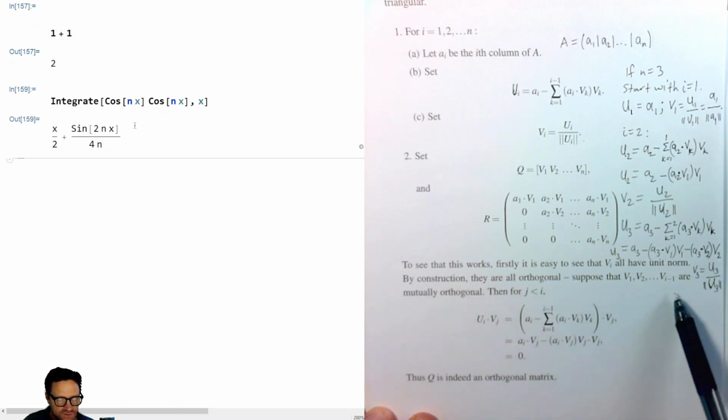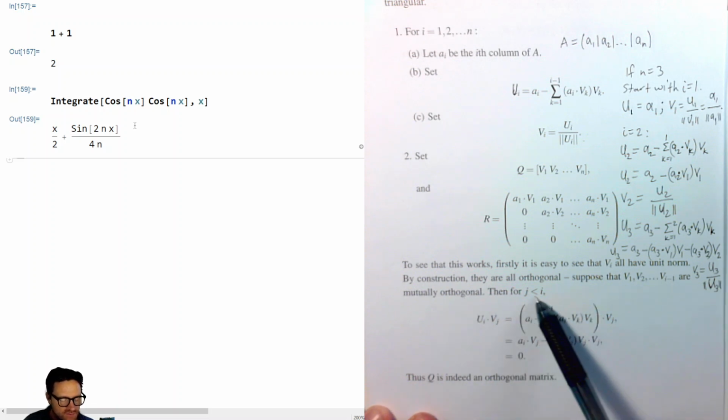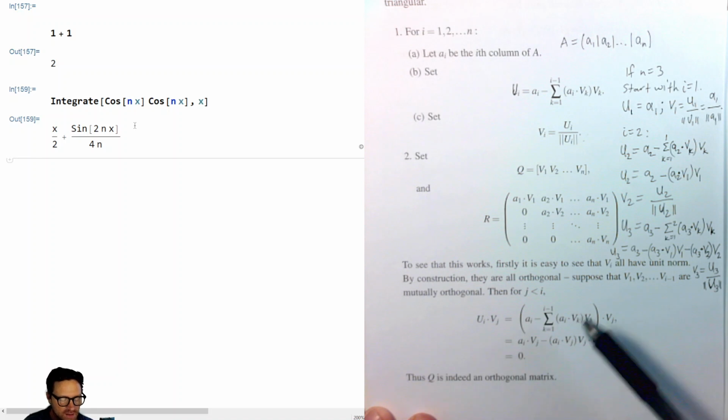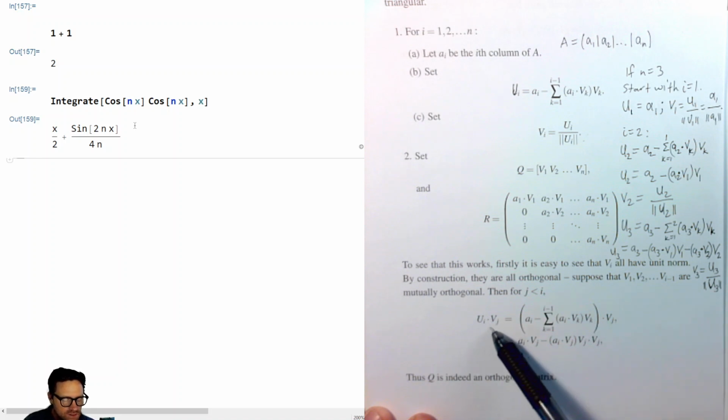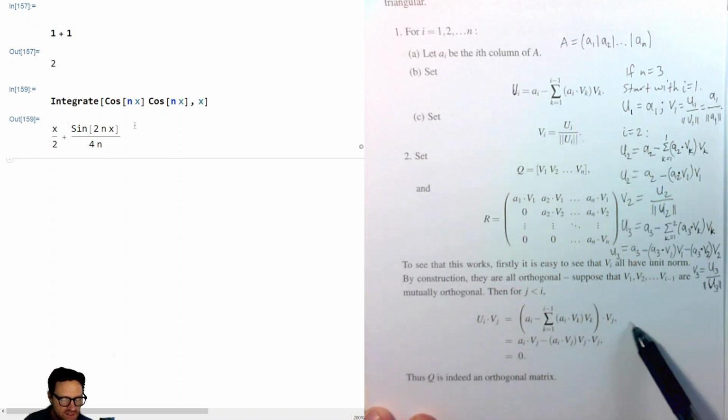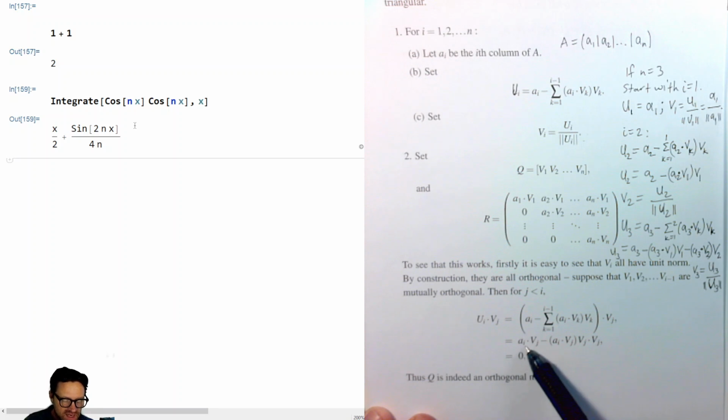Suppose V1, V2 to V(i minus 1) are mutually orthogonal. Then for j less than i, Ui dot Vj is given by this. We're just subbing that in, and then we expand the dot, and we end up with Ai dot Vj and Vj dot Vj.